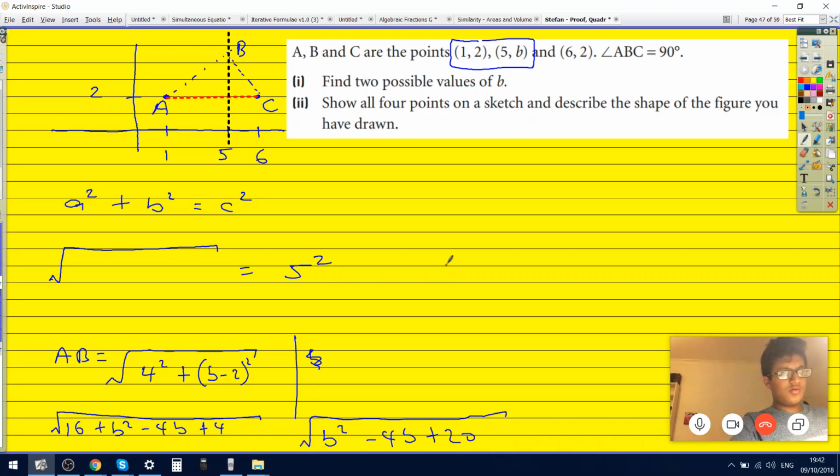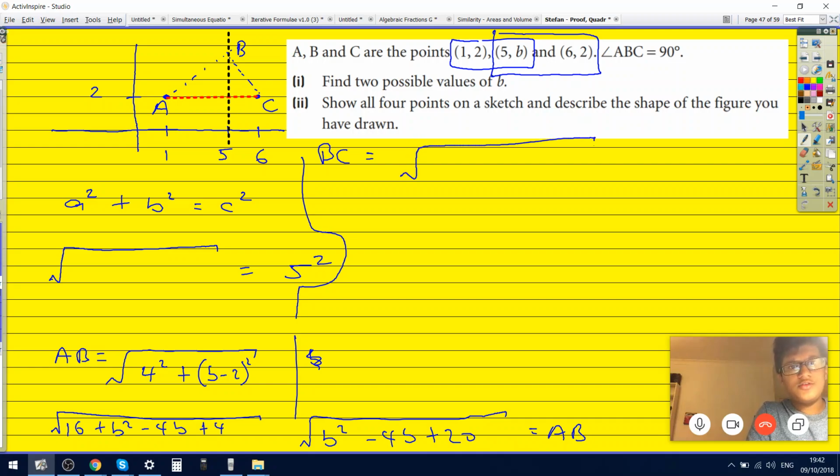Before you do that, what would be BC? C is that. Is it 1? BC will be from B to C. Oh, sorry, so b minus 2.